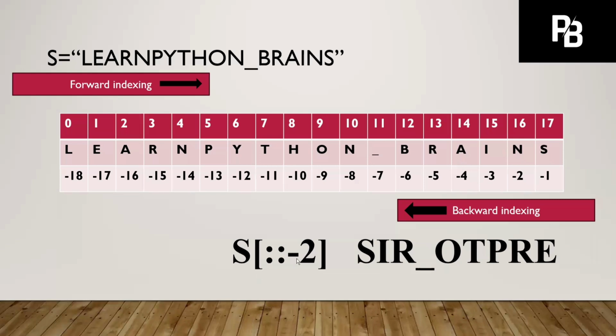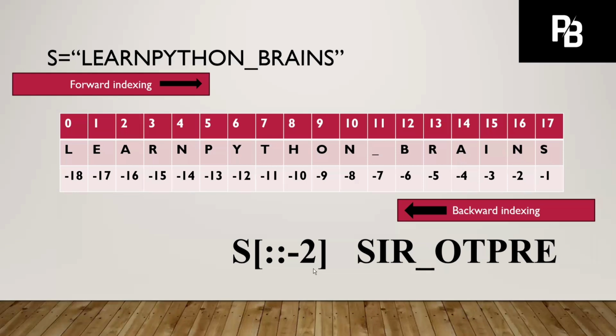Now if I want to print s[::-2], the starting value is not there and the ending value is not there. If the starting value is missing, it is by default 0. If the ending value is missing, it is by default the length of the string, the last value. And the step value is -2.